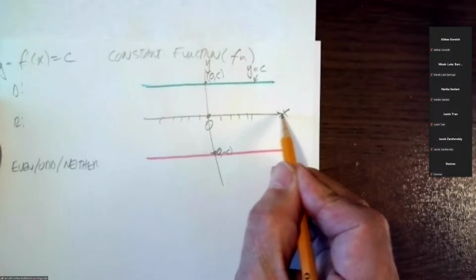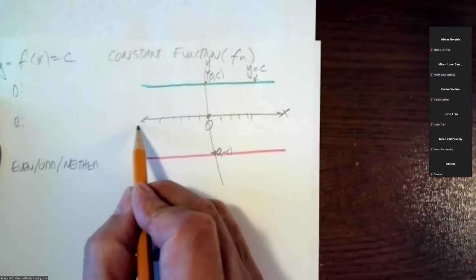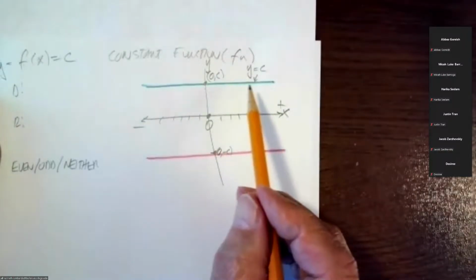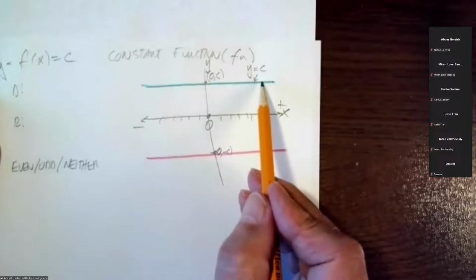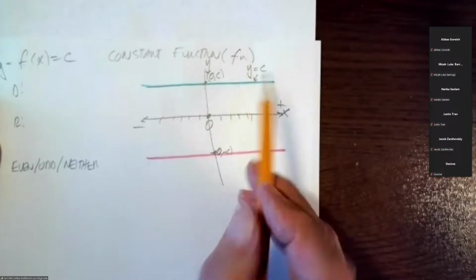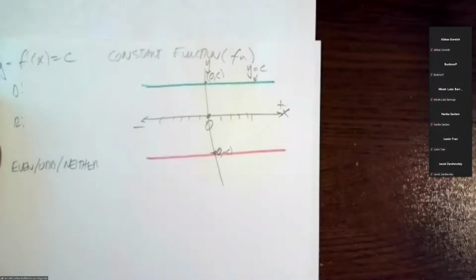So x goes in the positive direction and the negative direction. And if I were to list this function as shown here in the blue line, what do we think the domain of that function would be? And maybe we ought to define domain to make sure we're all thinking the same concept here.